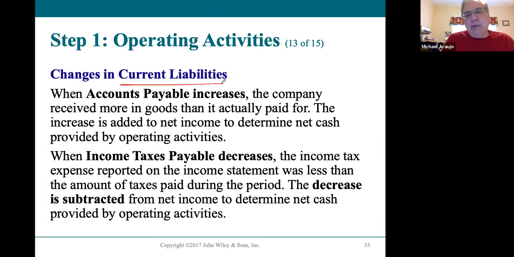Liabilities would also change, and changes in liabilities also affect cash. So one is accounts payable. If the accounts payable goes up, that means we actually got more than what we paid for, and so we actually saved money. So we have more cash because of it.